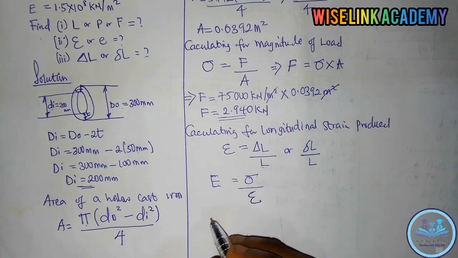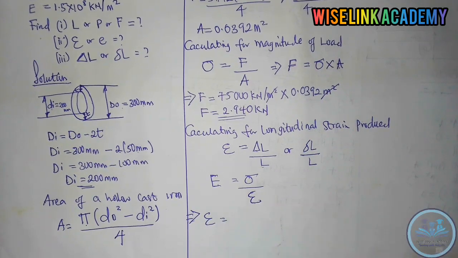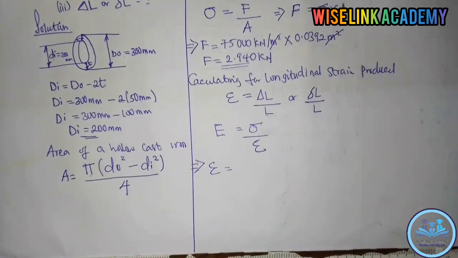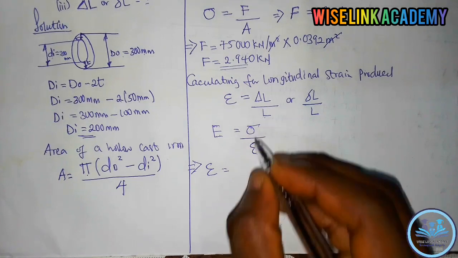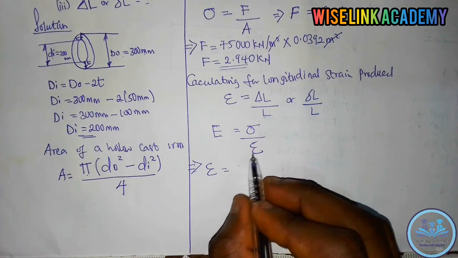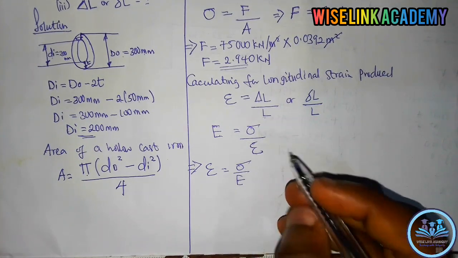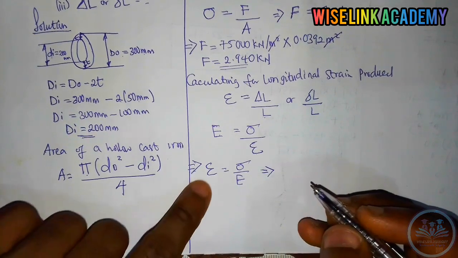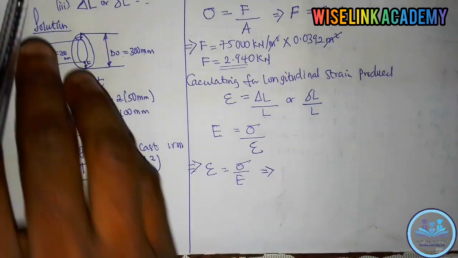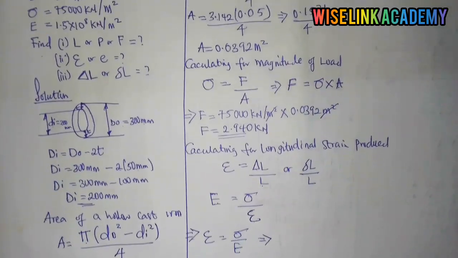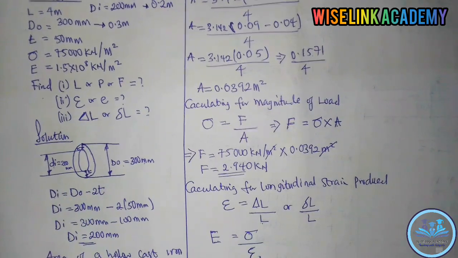So my strain is equal to stress over Young modulus, isn't it? If I work on this, my stress is 75,000 kilonewton per meter square.